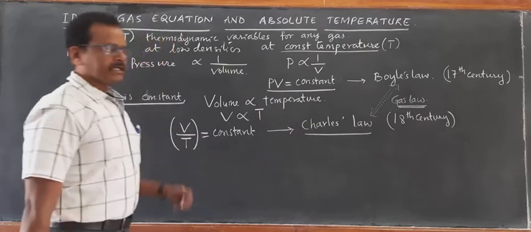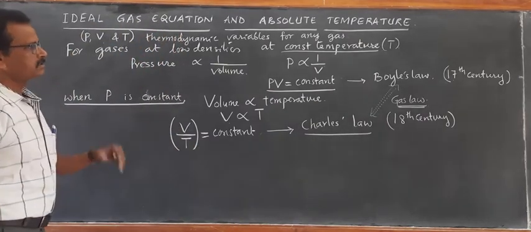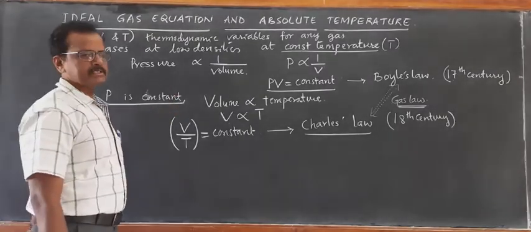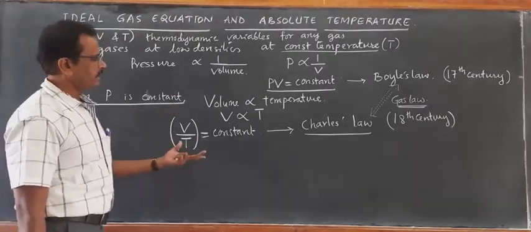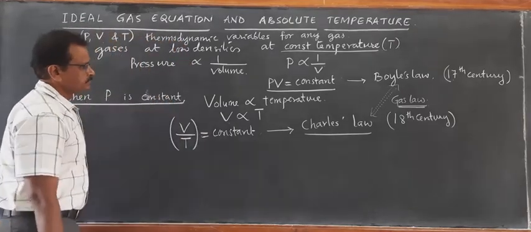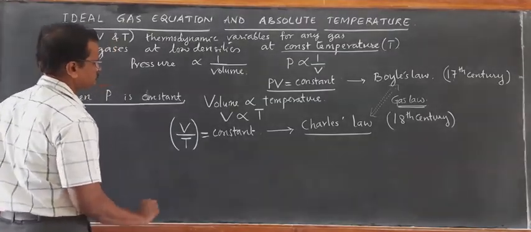When you club these together, we get the ideal gas law. Combining these two gas laws, we get what is known as the ideal gas law. Just look at it.